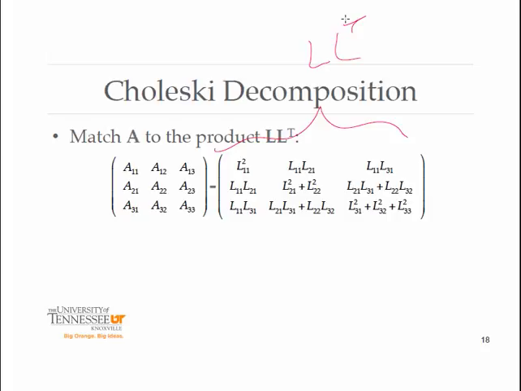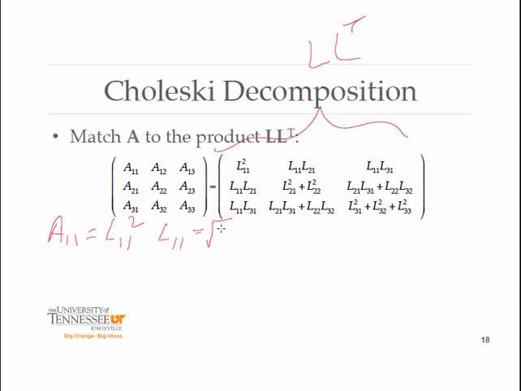So if we just look at the first column for a minute, what we notice is that A11, of course, is equivalent to L11 squared. We're trying to see what relationships exist between L and A. Clearly, what that says is that the diagonal element L11 is the square root of A11.